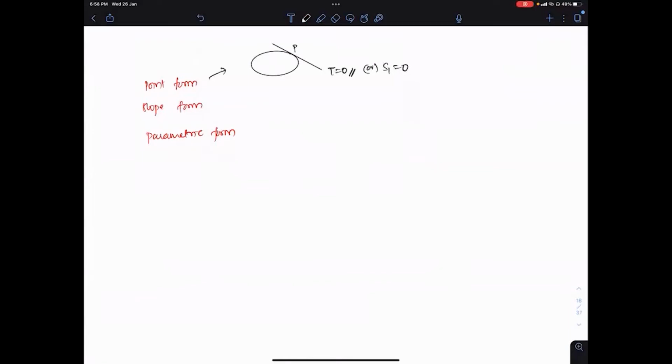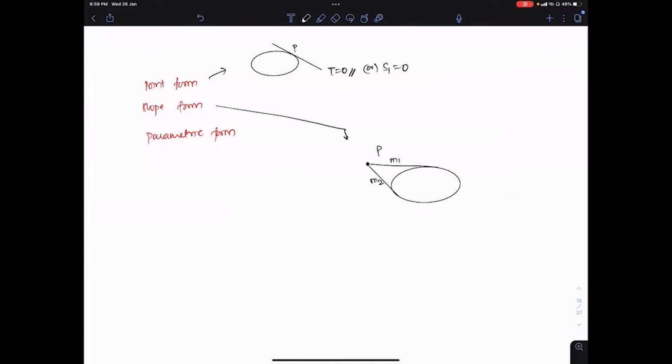Now, what is slope form? Very important, guys. Slope form, as we have seen in parabola, again, slope form is majorly used when we are discussing tangents drawn from an external point. So from an external point onto the ellipse, you can draw two tangents, no? Now, if we want to discuss the slopes of these tangents or anything like that, then we use the slope form. Okay.